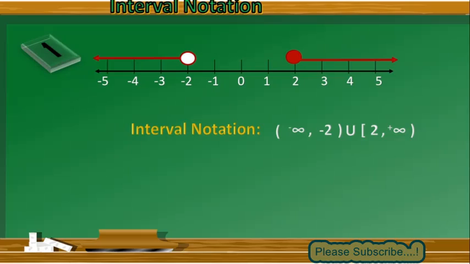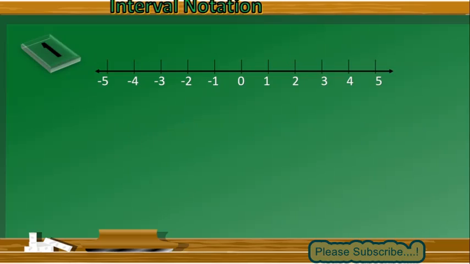Okay, next. The last problem is this one. From that point going to that point, then this point to infinity. How do we write the interval notation for that? First we will write an open parenthesis, because that point is an open circle.